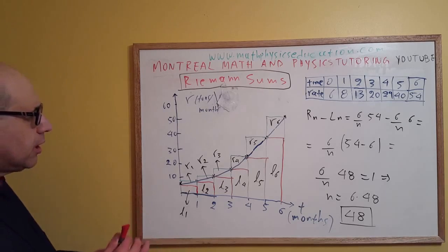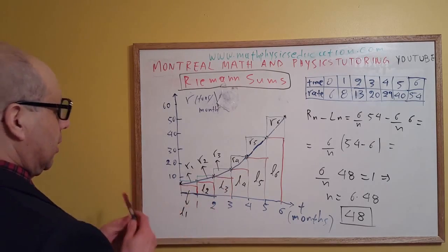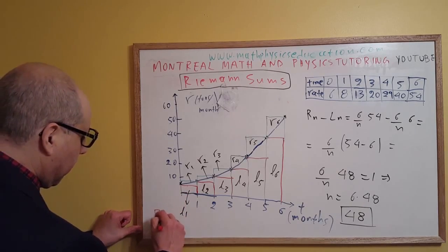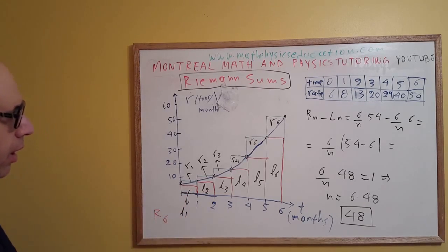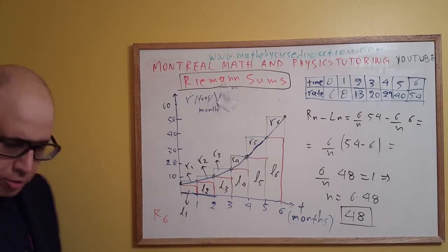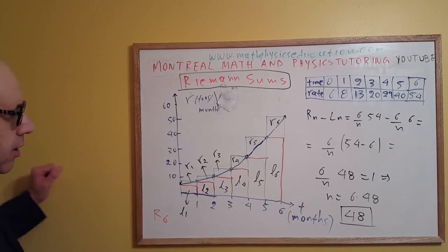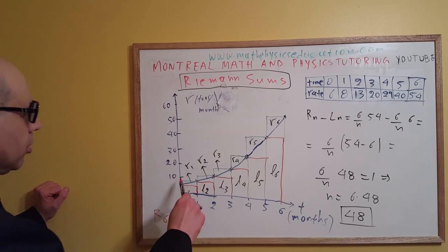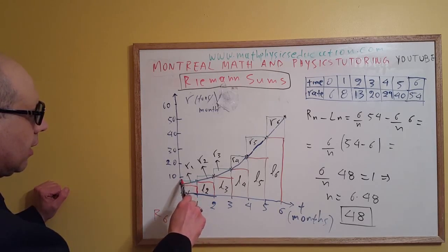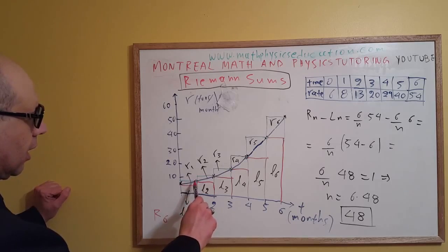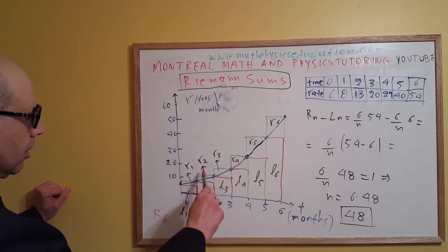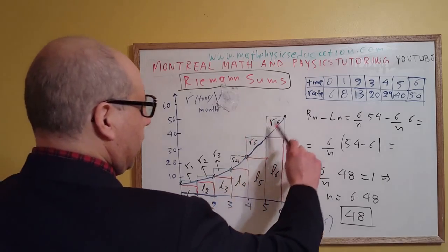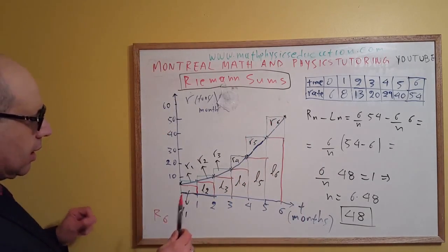If you take R6, that will include all these green rectangles, R1 through R6.